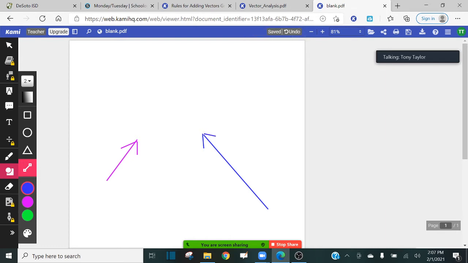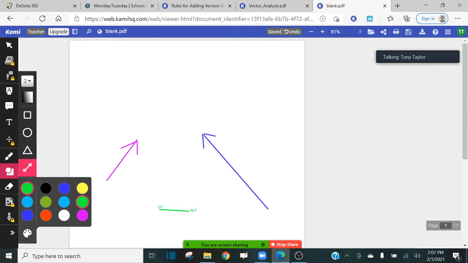I can give you another vector that looks like this. Then I'm going to call this vector right here V3. I can even give you another vector that looks like this. Let me see. That I'm going to call V4.